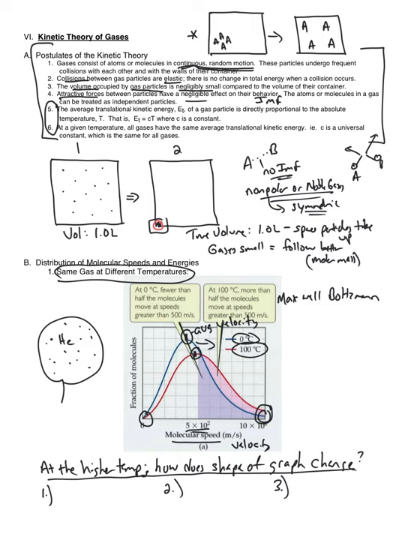So at a higher temperature, three changes happen to the overall shape of the Maxwell-Boltzmann distribution graph. First of all, going from blue to red, at the higher temperature, you'll notice that the peak is not as high.